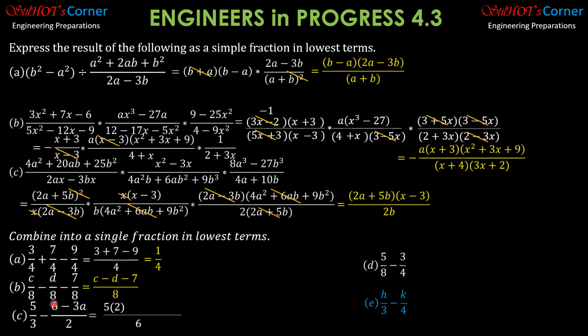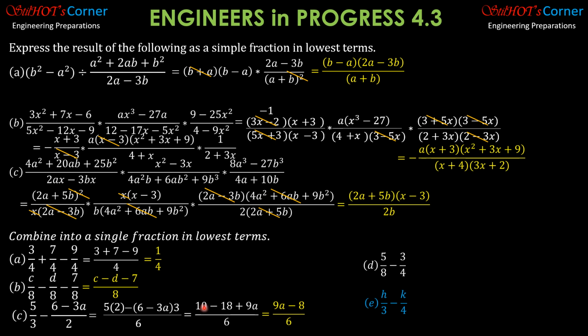So we have minus (6 minus 3a) times 3, because 6 divided by 2 is 3. Simplifying, we have 10 minus 6 times 3 is 18. So 10 minus 18, the negative of negative 3a is positive 3a times 3, 9a. So 10 minus 18 plus 9a over 6.